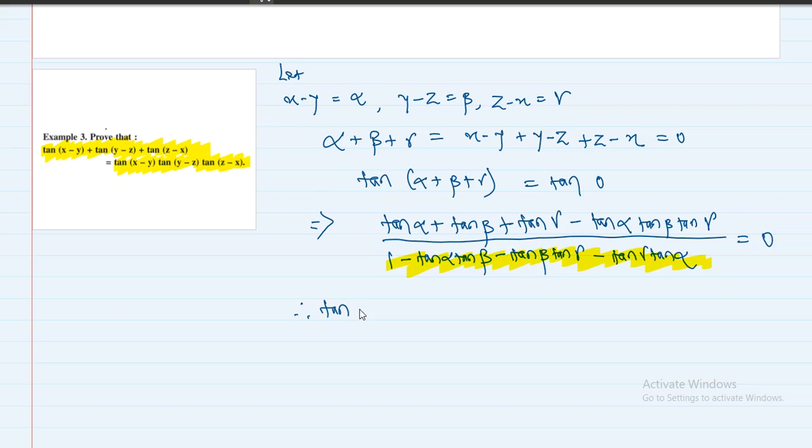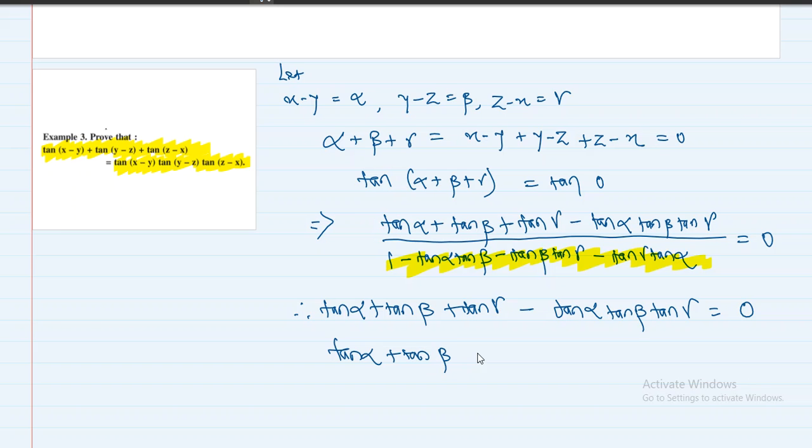Therefore tan alpha plus tan beta plus tan gamma minus tan alpha tan beta tan gamma is equal to 0, so tan alpha plus tan beta plus tan gamma is equal to tan alpha tan beta tan gamma.